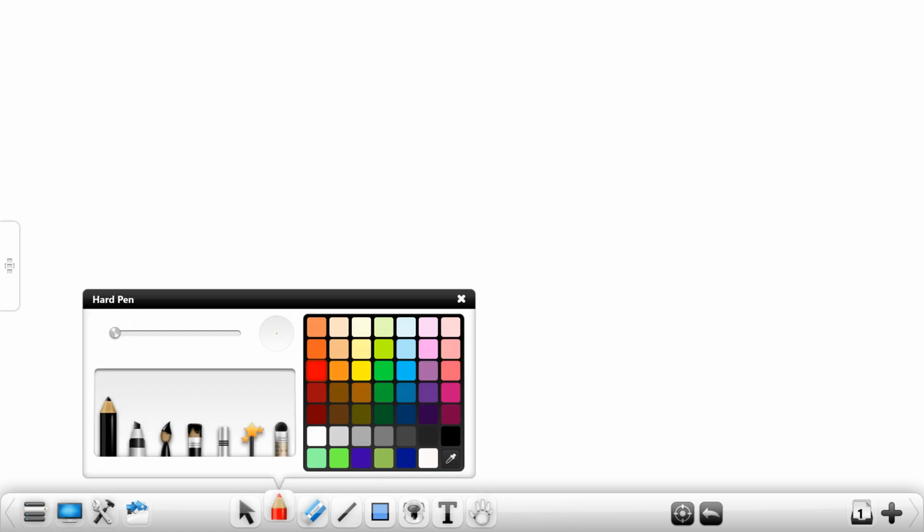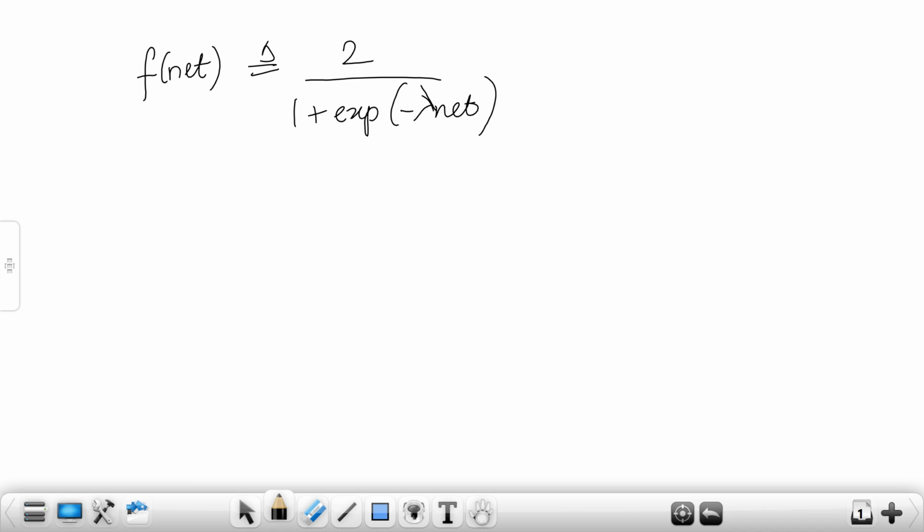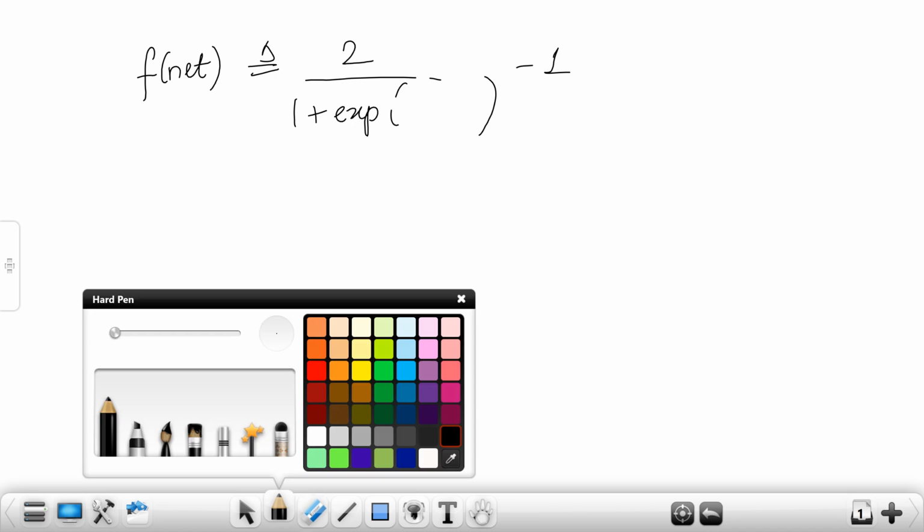Okay, now let's look into different kinds of activation functions. f(net) equals 2 upon 1 plus exponential of minus lambda net, minus 1.